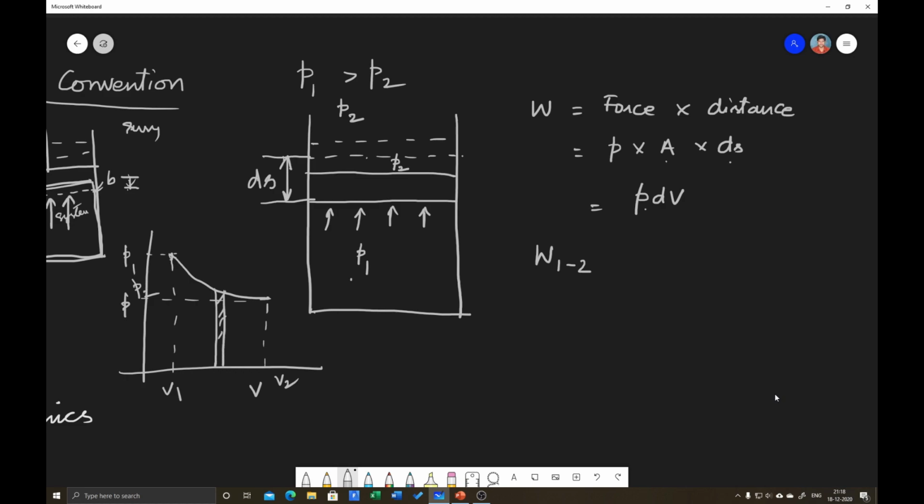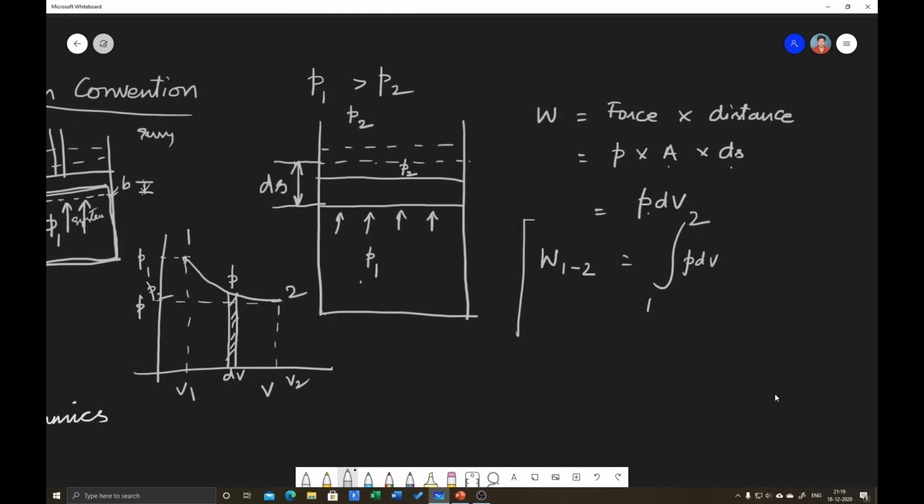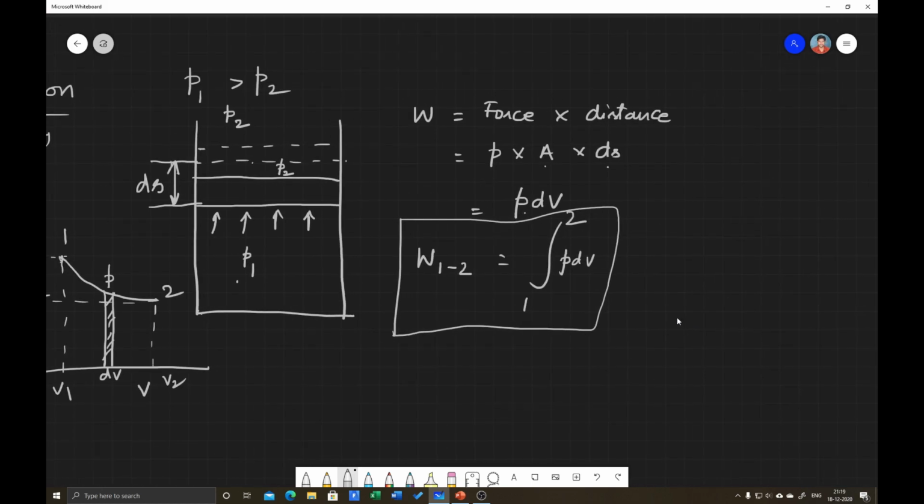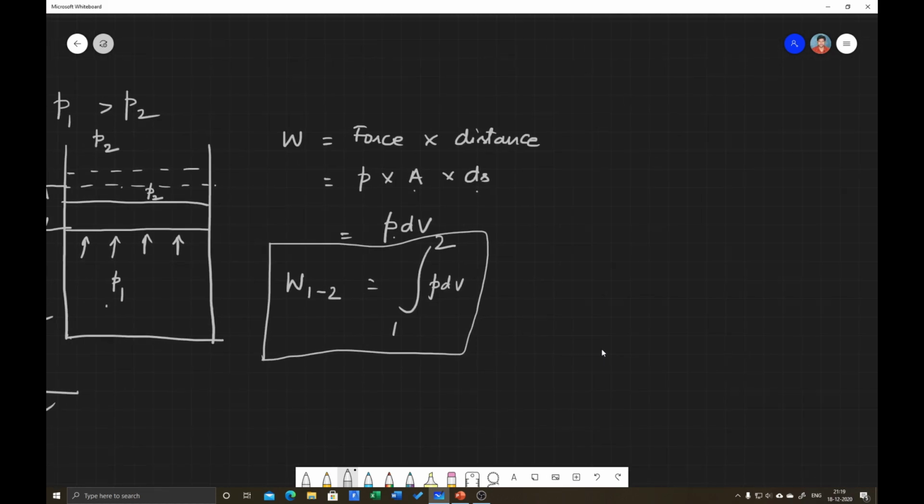If you take a strip of this area, this is pressure P and dV. Area under the curve is P into dV. If you integrate from 1 to 2, you will get the work from process 1 to 2. This is the formula for any process. For any process, this formula is common, and from this formula we will calculate the work depending on the pressure.